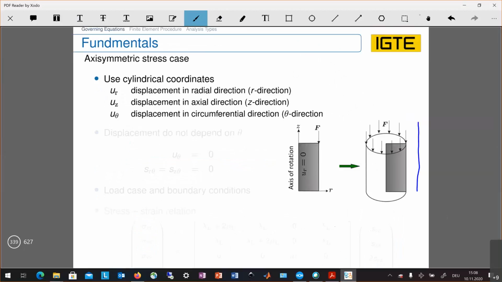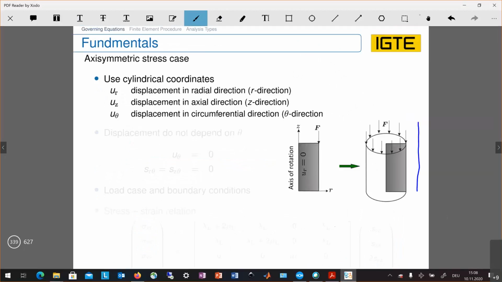Let's say you have such a setup where we have a cylinder, and the cylinder is, for example, fully fixed at the bottom, and we have the excitation on this structure as shown on this picture with the external forces F. Then we can transform such a setup in this RZ rotational plane, and here you can see it is a two-dimensional setup on which we have to do the computation.